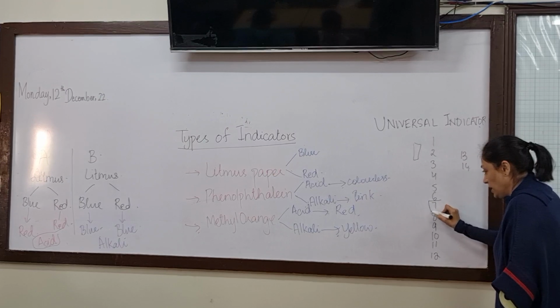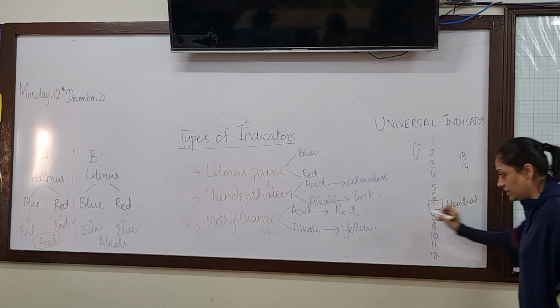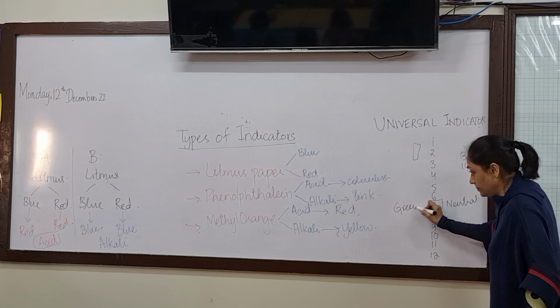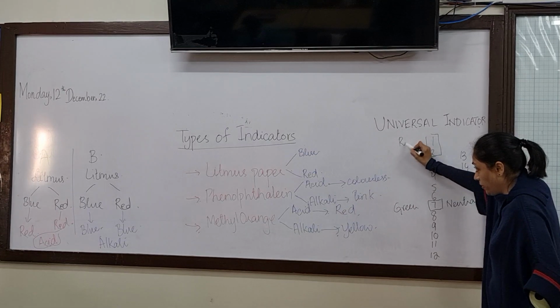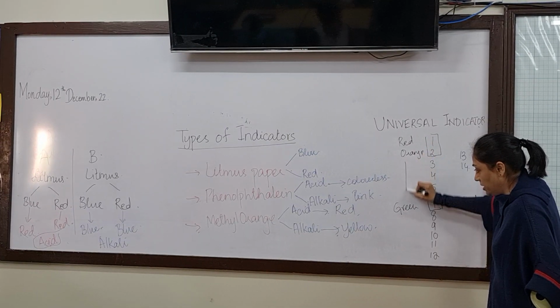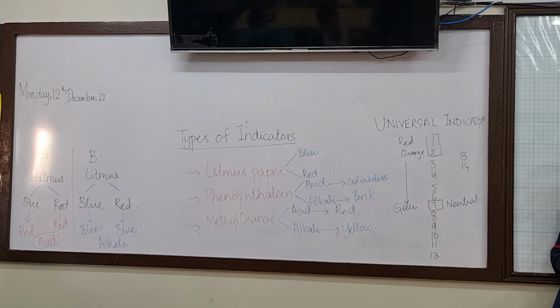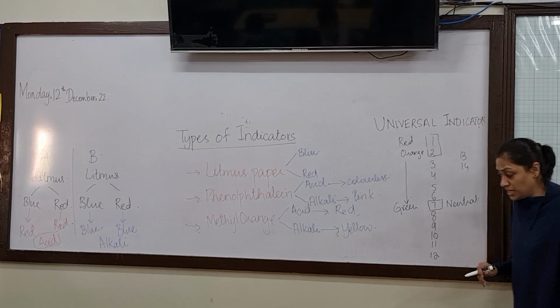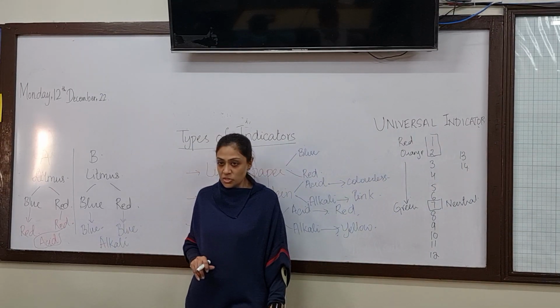So this number is the neutral one. इसके ऊपर आपका green color आ जाएगा. 1 and 2 के ऊपर it is showing red or orange color. And the range of the colors will be obtained when you put in different solutions one by one. So we will do this experiment in our later classes, like in 7 or 8.